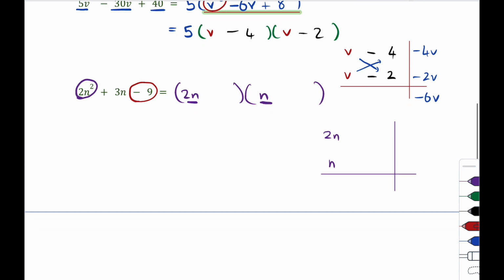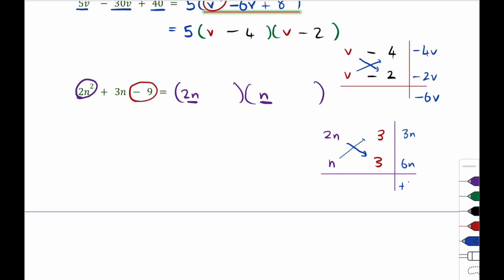Often when it becomes more difficult, it's trial and error. So I'll have 3 and 3, and I have to choose one to be negative. Without putting the negative in, we can try and test it out. We can multiply there, and that would make 6n, and we can multiply there, and that would make 3n. And what do I want out?